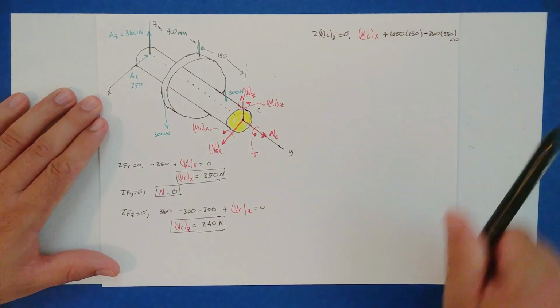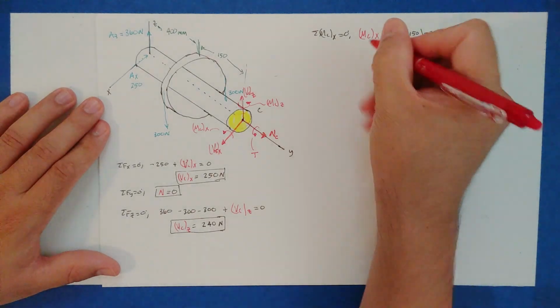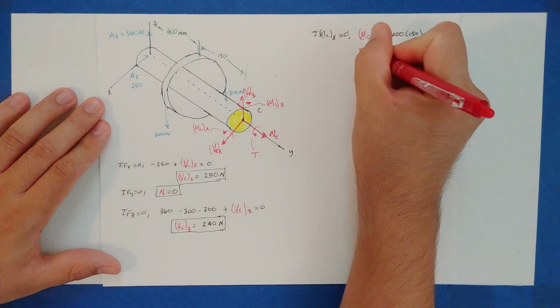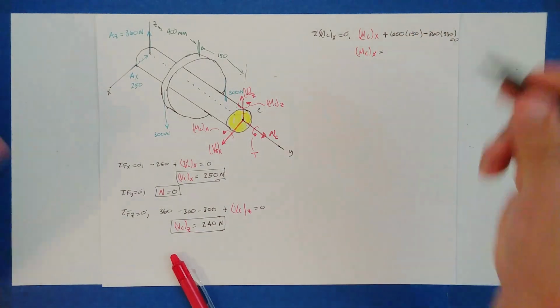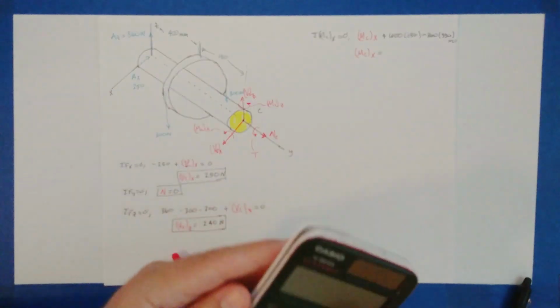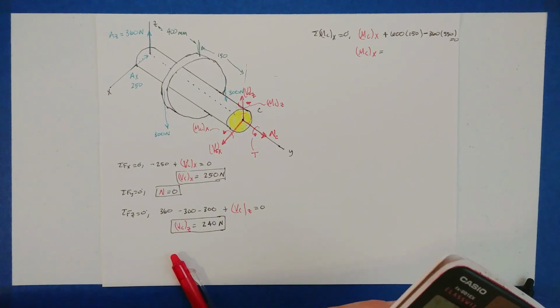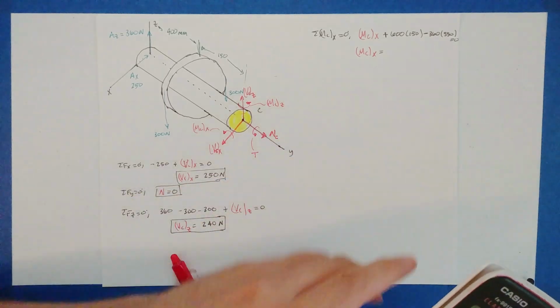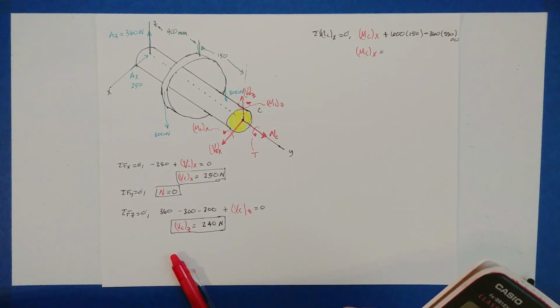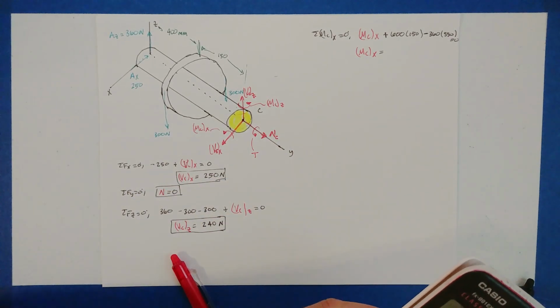The sum of all of those must be equal to 0. So we can solve for the moment at point C about the x-axis by just moving everything to the other side, right? So we're going to have minus 600 times 150. And then this is going to become positive, plus 360 times 550.